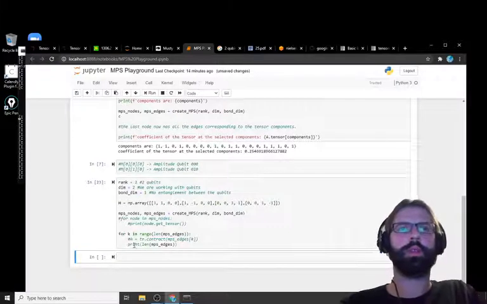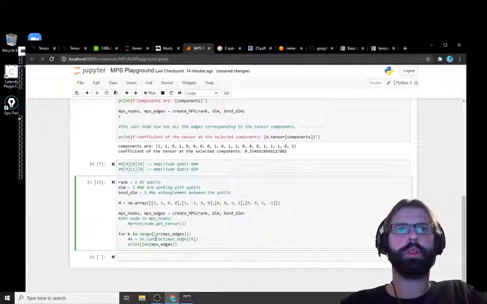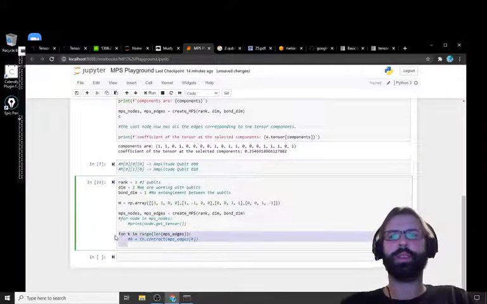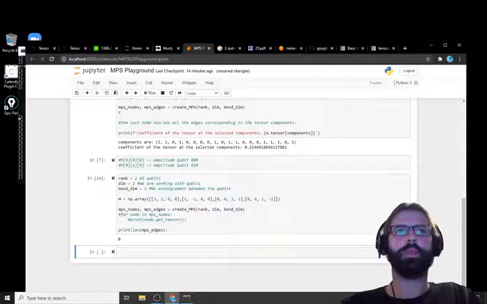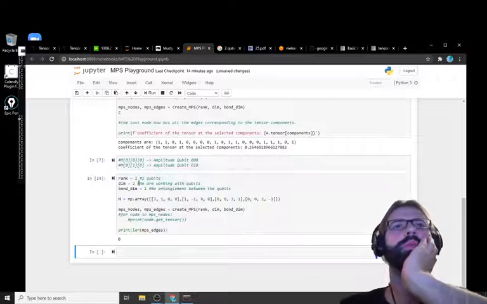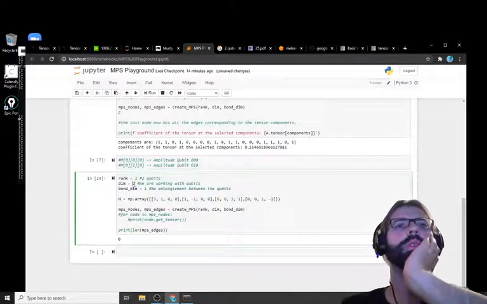Print. Oh, actually, it doesn't even go in here. So basically, there's no edges, right? Probably. 0. Why is that possible? Rank 2, so I have 2 qubits.